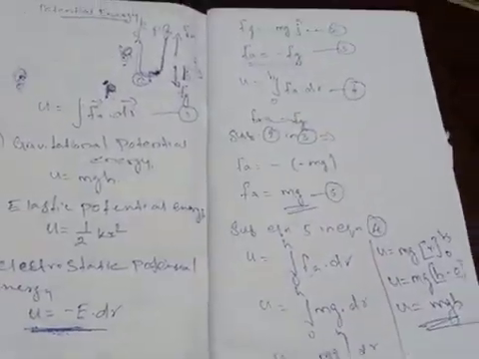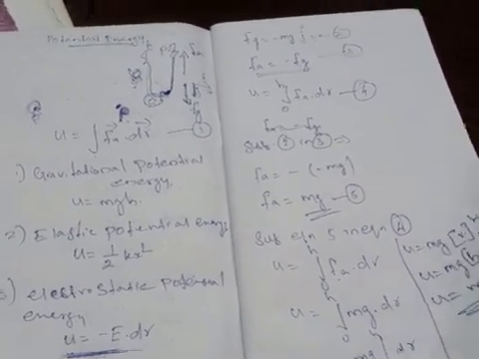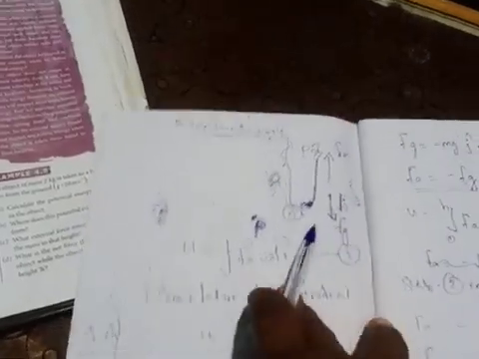This is the derivation of gravitational potential energy, and it is one of the very important 5-mark questions. First you have to write the definition.